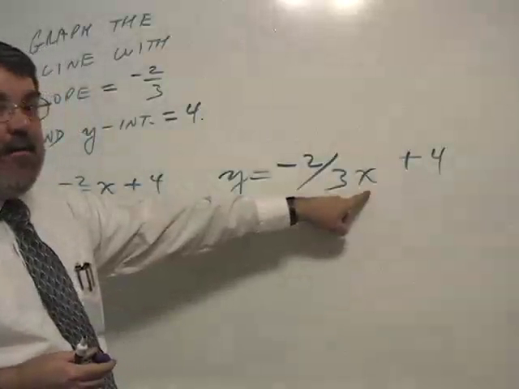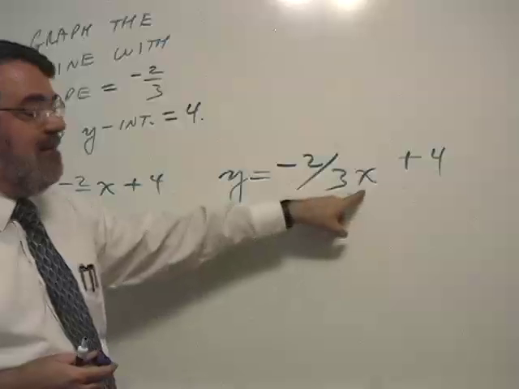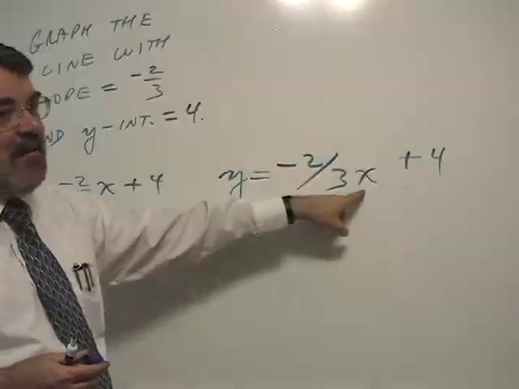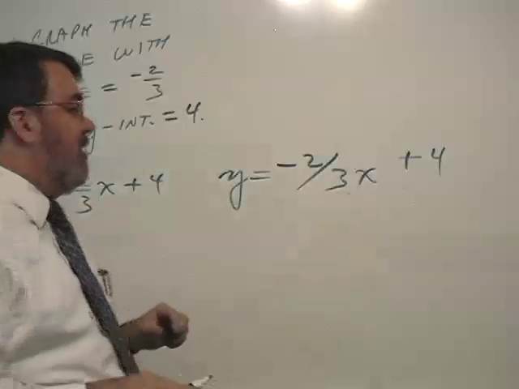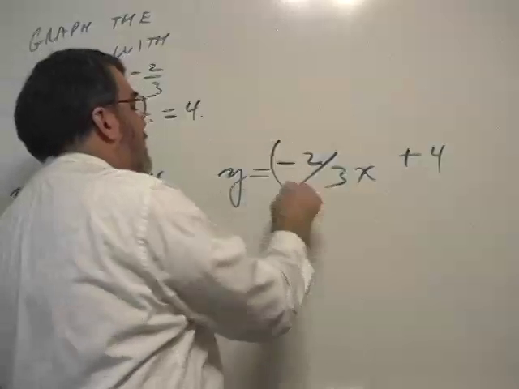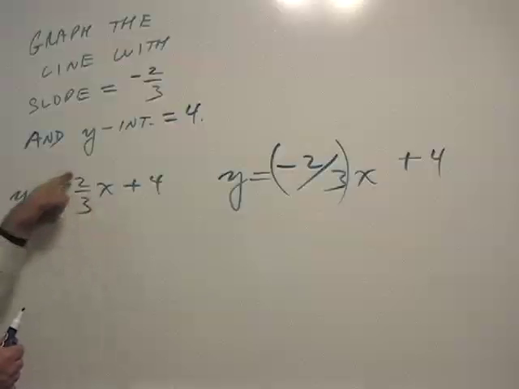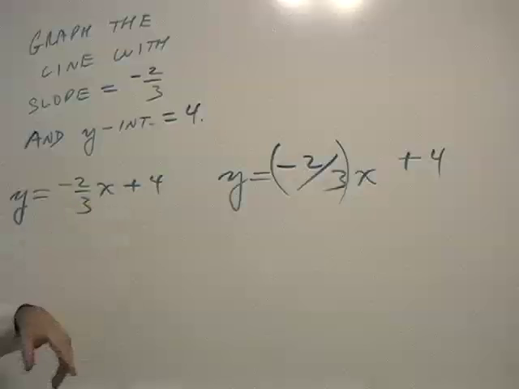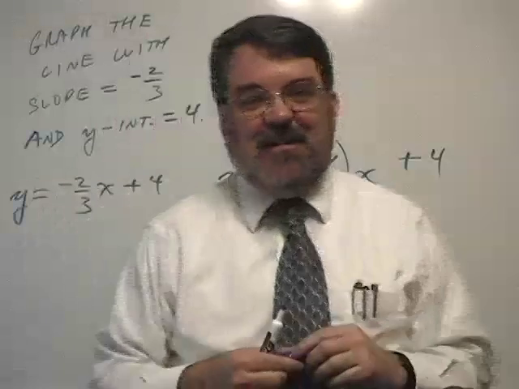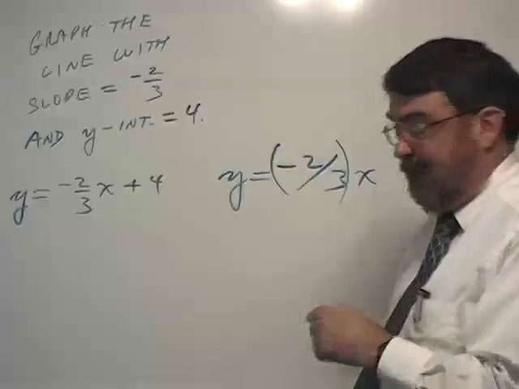X is in the denominator, isn't it? You may not intend it to be, but if it looks like it's in the denominator, then you're going to lose points. I guess you could fix it by separating it with parentheses. But I would recommend getting in the habit of writing your fractions in a vertical way, and make sure that the x does not look like it's in the denominator, because that's wrong.